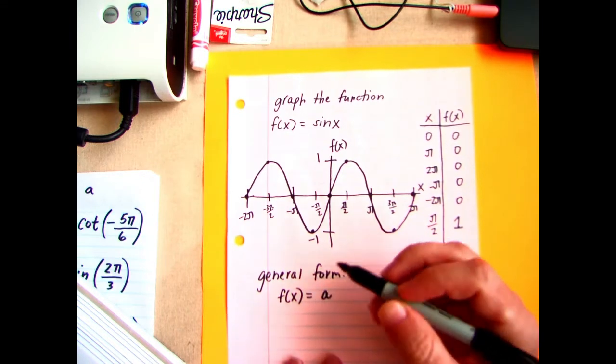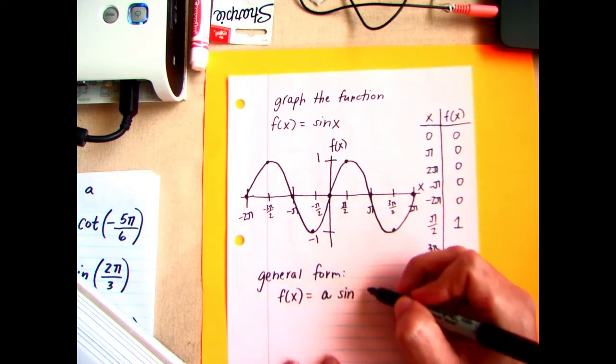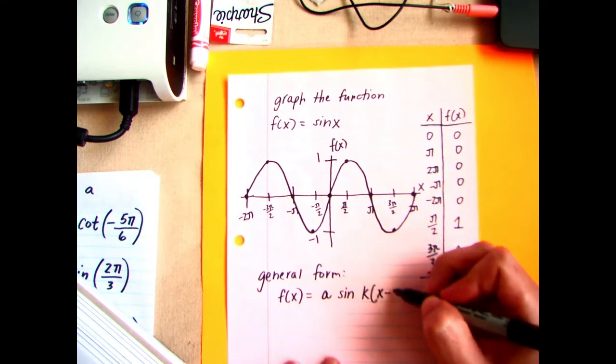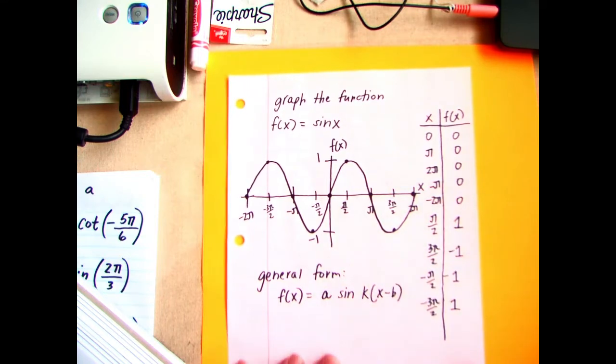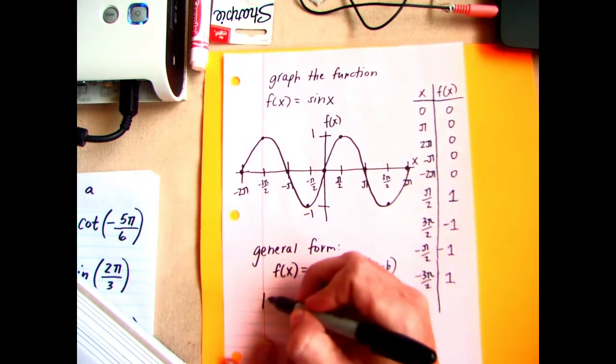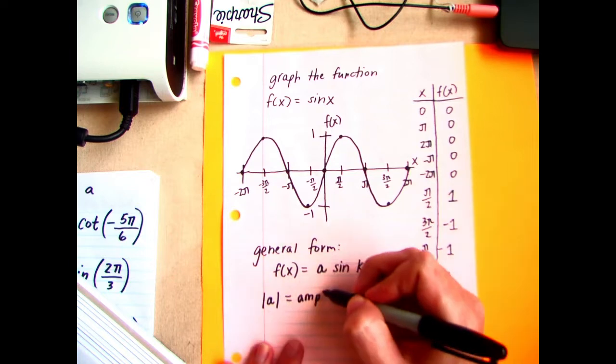Every sine function, when you're graphing, is written in this general form: A sine k parentheses x minus b. And each of those things, a, k, and b, tell us really important things.